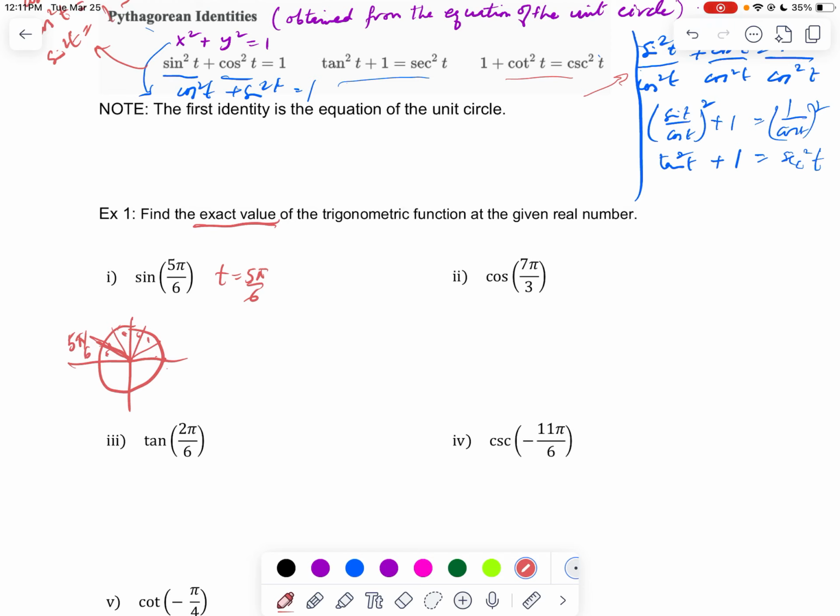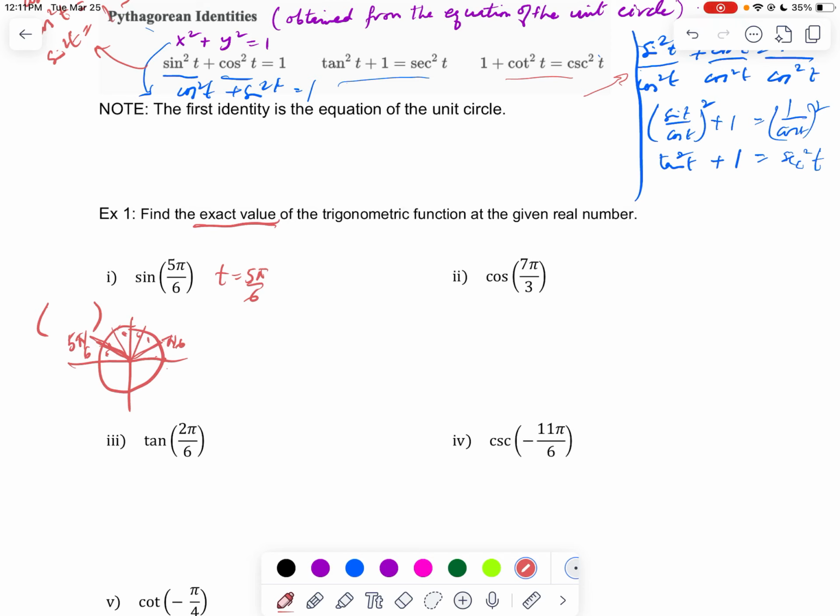Well, it will have the same x and y coordinates as we have for pi over 6. So for pi over 6, what coordinates do we have? If anyone can remember. These are the coordinates that you have to memorize. All these t values in the first quadrant, all the terminal points you should know.